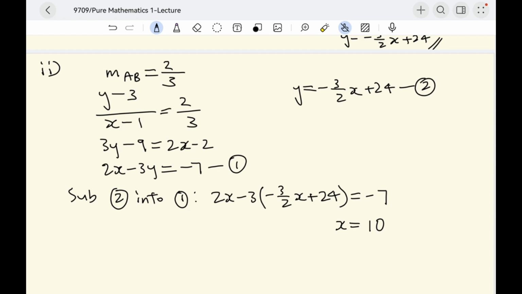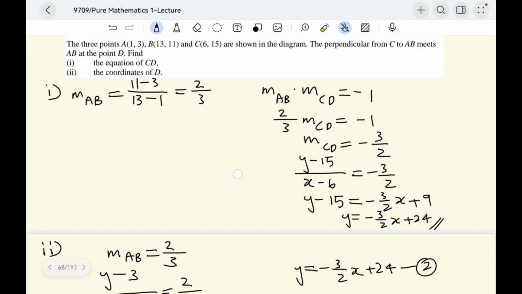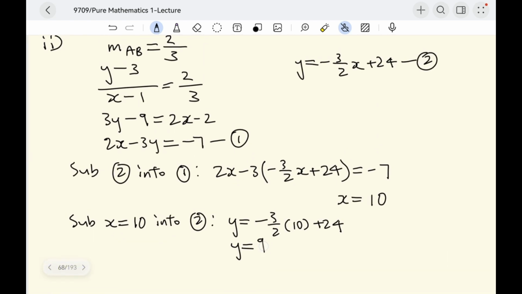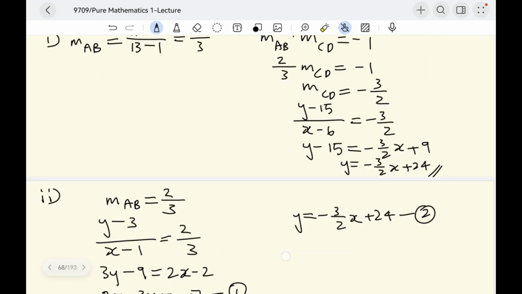Substitute x equals 10 into the second equation, to make my job easier. So what's the value of y? I get 9. The question asks you to find the coordinates of D, so you have to rewrite the coordinates of D as (10, 9). That's the final answer.